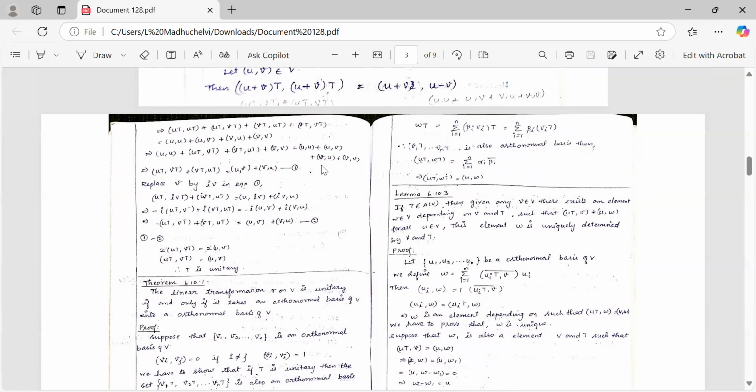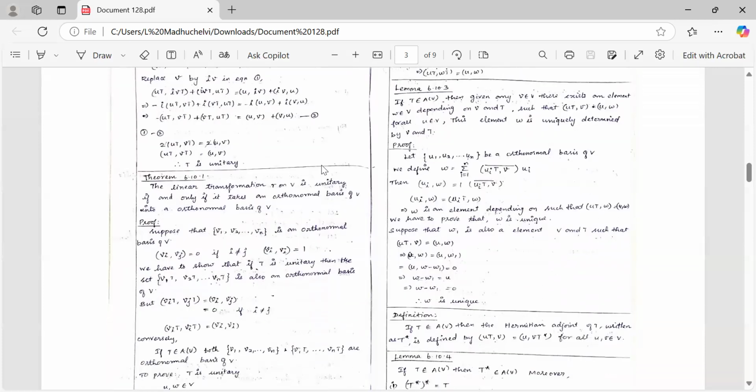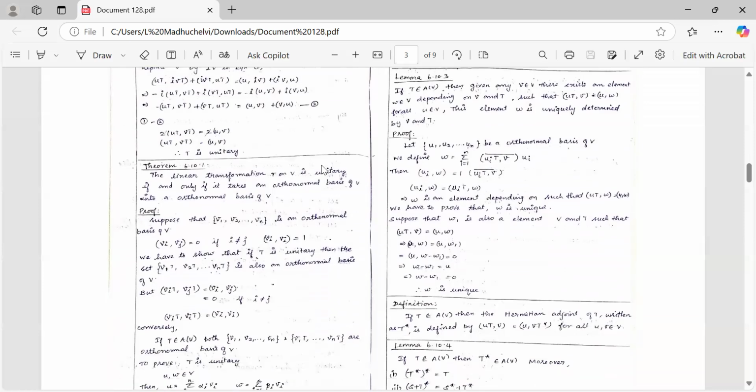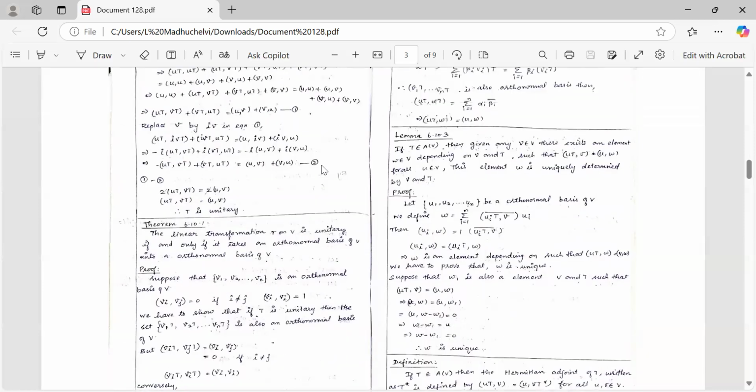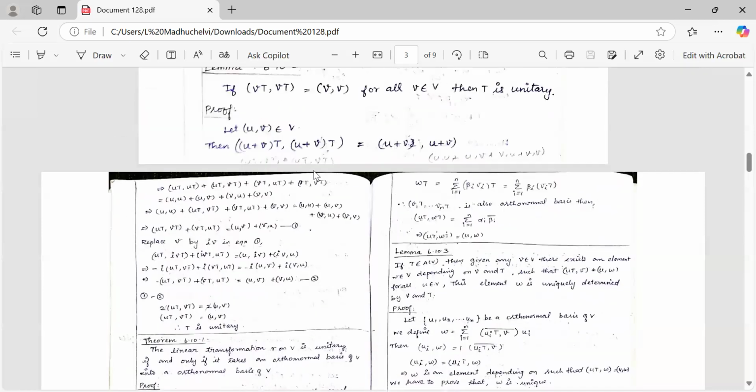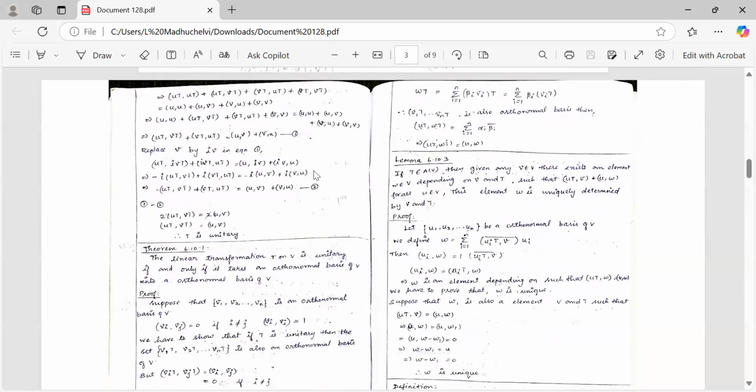Therefore V1T, V2T, etc., VnT is also an orthonormal basis. So then (UT, WT) equals the summation i equals 1 to n of alpha i beta i bar. This implies (UT, WT) equals (U, W). So it is unitary. So we proved the two implications, the necessary part and the sufficient part, for a linear transformation to be unitary.